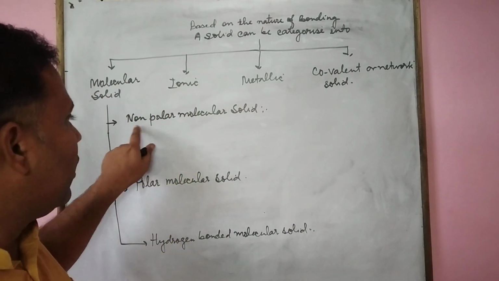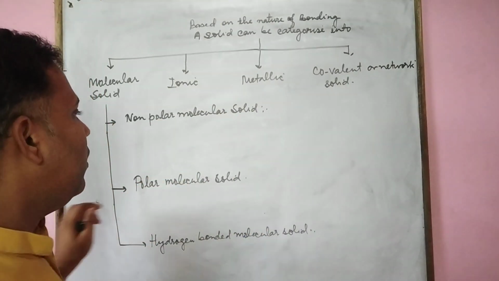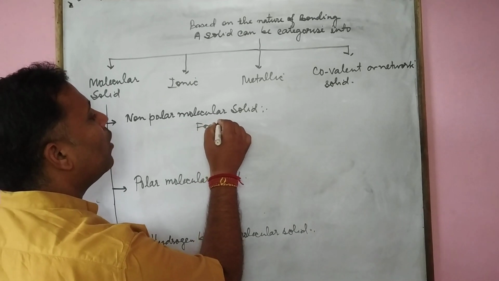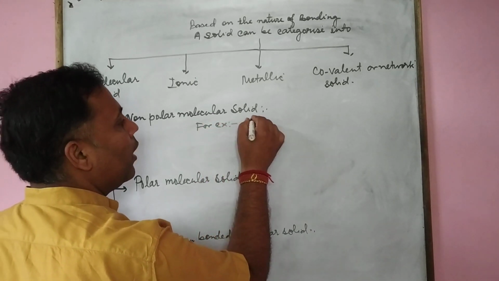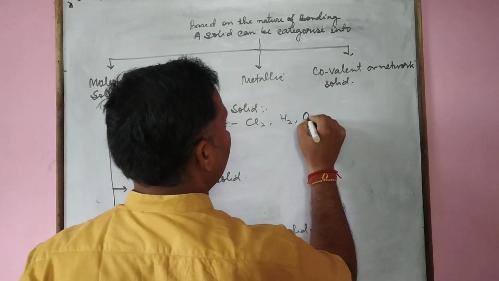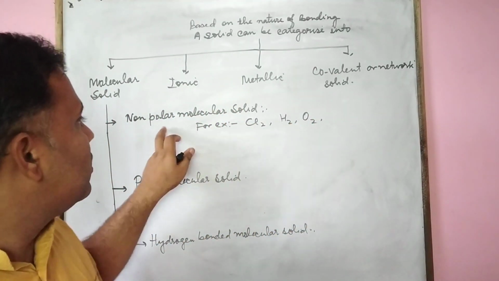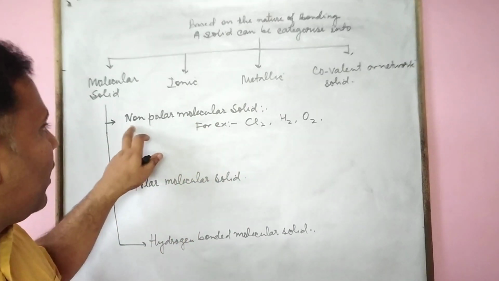As the name indicates, non-polar molecular solid. For example, we have Cl2, H2, O2, etc. What we see here, these are molecular solids and they are non-polar.